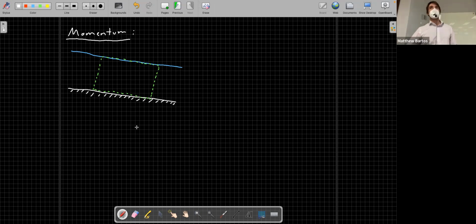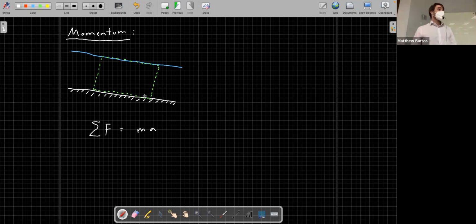Newton's second law, going back to physics 101, you may have seen it in the following form, that the sum of forces on an object is equal to mass times the acceleration. Okay.